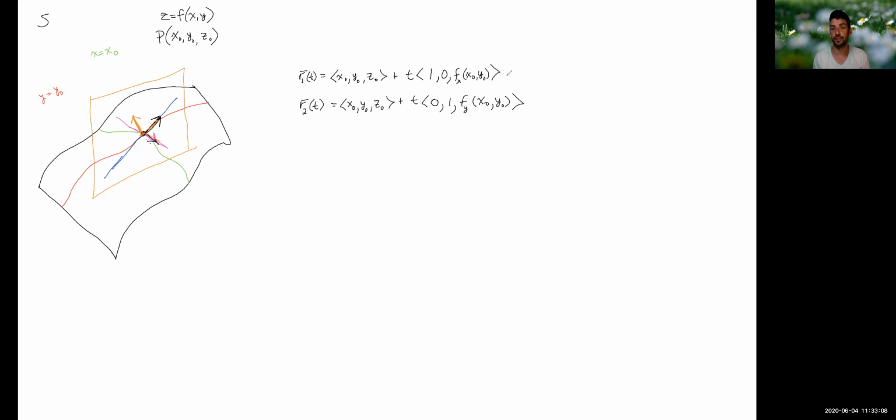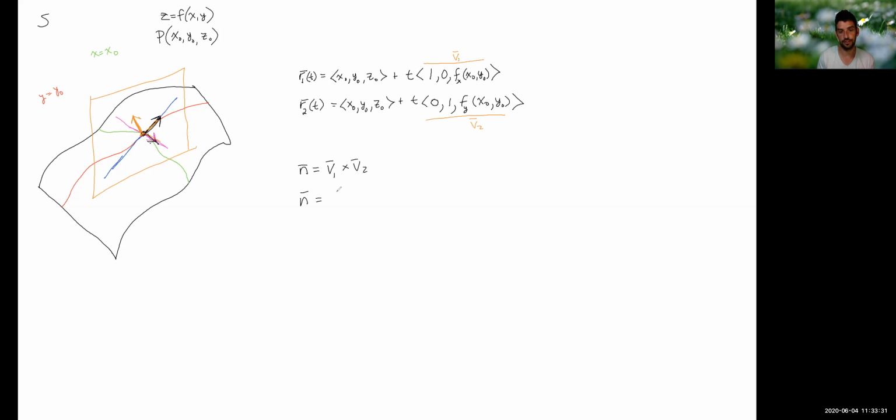So what I'm going to do is call this vector here v1, and this vector here v2, the direction vectors of r1 and r2. And we can take the normal vector for this tangent plane to be the cross product v1 cross v2.